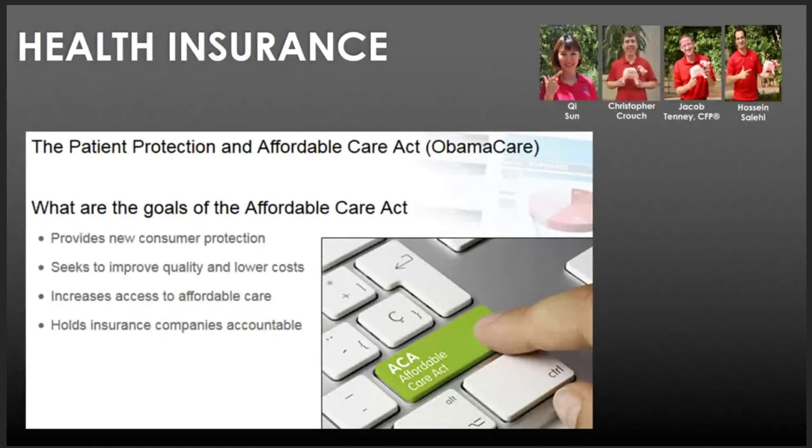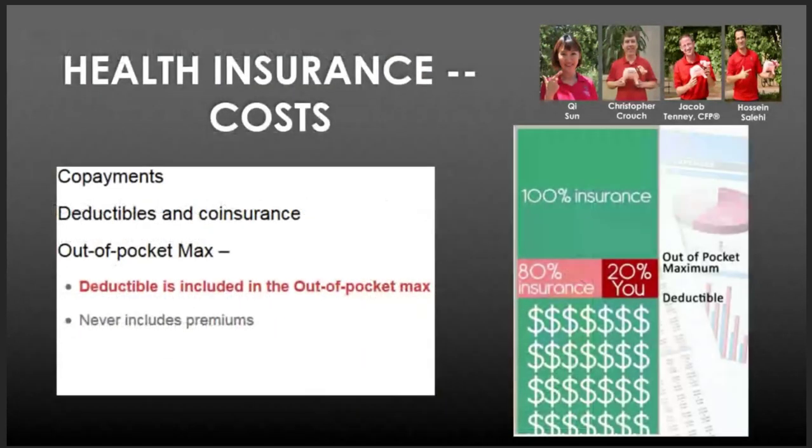Fourth is holds insurance companies accountable. This will be tested in the exam. Next is how to calculate the health insurance cost. I know it's a little bit confusing, but I will use the next two practice questions to go through the process of how to calculate the health insurance cost.